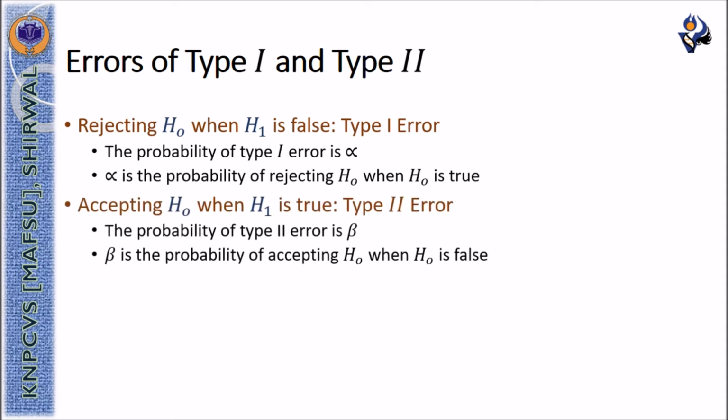And if we are accepting the null hypothesis when the alternate hypothesis is true, we are committing a type 2 error. The probability of type 2 error is beta. Beta is the probability of accepting the null hypothesis when the null hypothesis is false. Type 1 error is considered more serious than type 2 error.